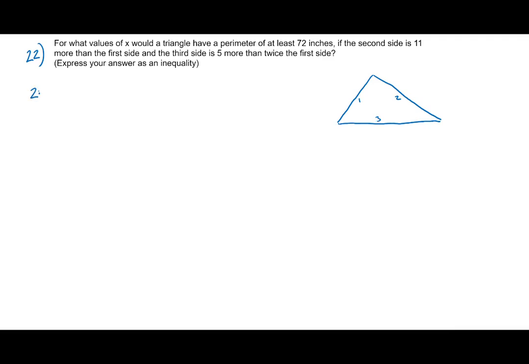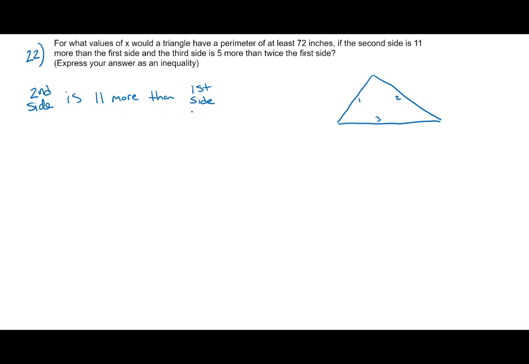Second side is 11 more than the first side. Okay, so "is", in a word problem, acts like an equal sign. So the second side equals 11 more than, so that's plus 11, the first side.